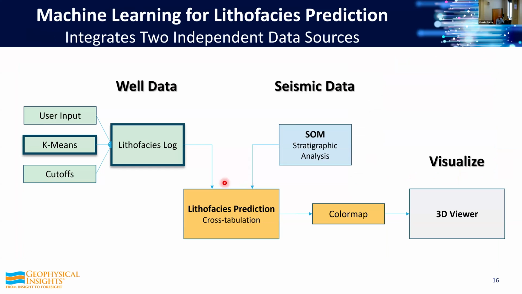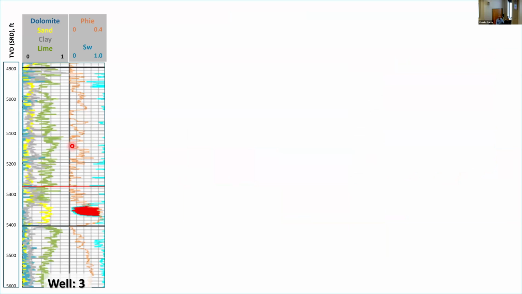Okay, now the other part is creating the lithofacies log. In this case, we can create it using k-means. Just like the seismic attributes, k-means is another clustering technique, the same as the self-organized maps. It's going to cluster data points that fall within a given region in multidimensional space.